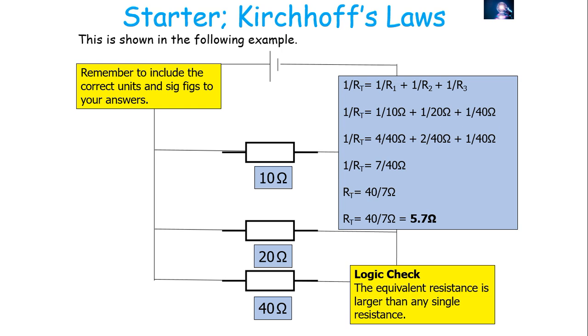So it becomes 4 over 40, 2 over 40, 1 over 40. You add the numerators to keep the denominator the same, so it becomes 7 over 40. We flip it over, 40 over 7. We don't like to keep it in a fraction, so we put it into the correct number of sig figs, 5.7 ohms. Logic check, that sounds right because it's smaller than 10, the smallest individual resistor.